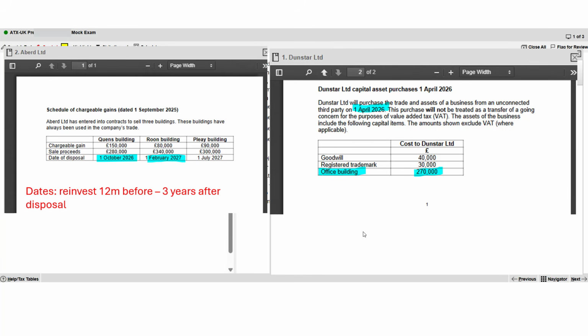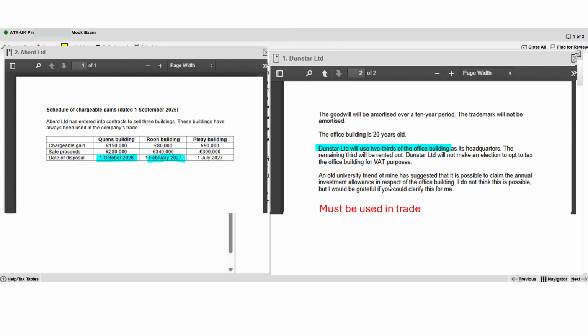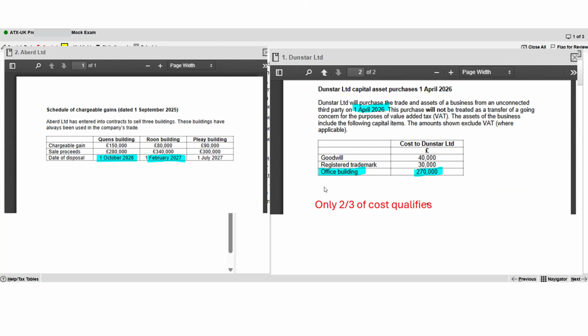And the other thing to note as well, which is in the information in Exhibit 1, we're told that Dunstar is only going to use 2/3 of the building as its headquarters, and the rest is going to be rented out. Now, for rollover relief, the asset has to be used in the trade. Only 2/3 of this asset is going to be used in the trade, which means, unfortunately, that going back to that cost, only 2/3 of the cost will qualify.